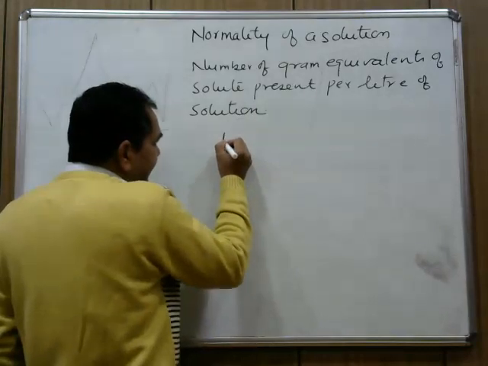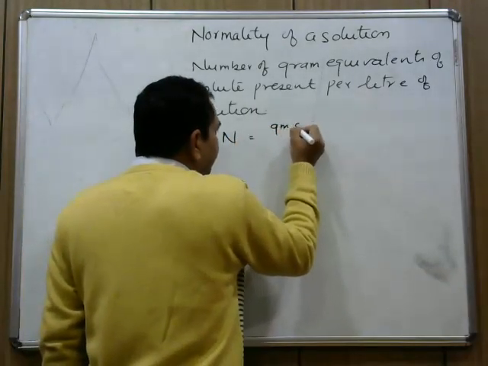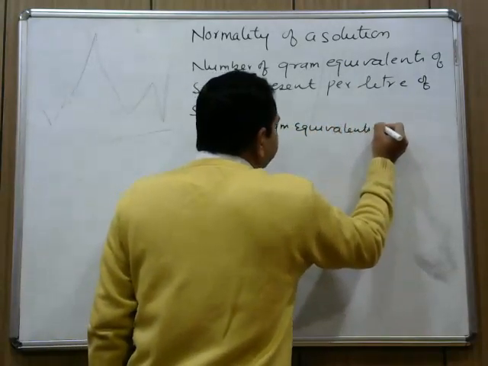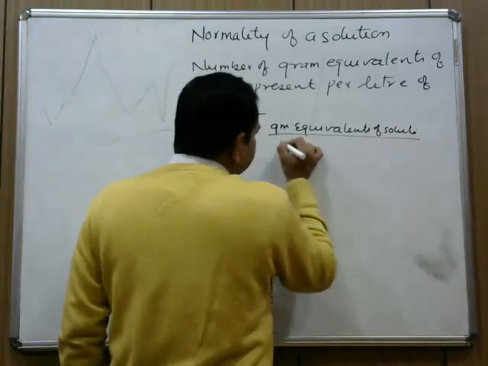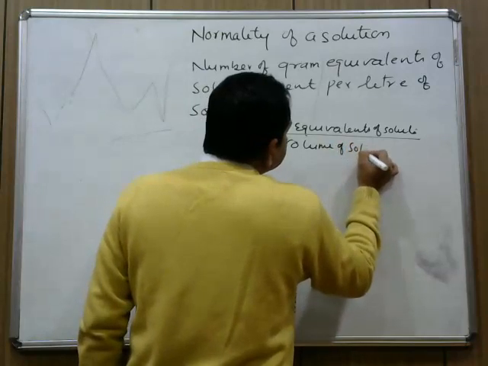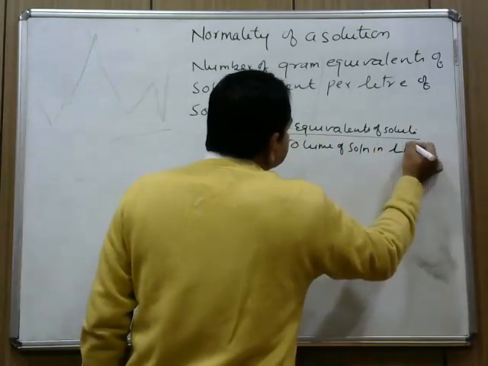So normality N is given by gram equivalents of solute divided by volume of solution in liters.